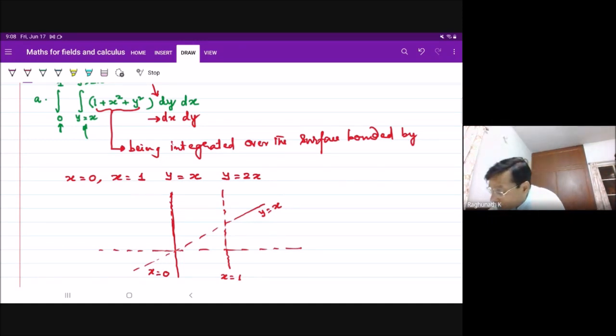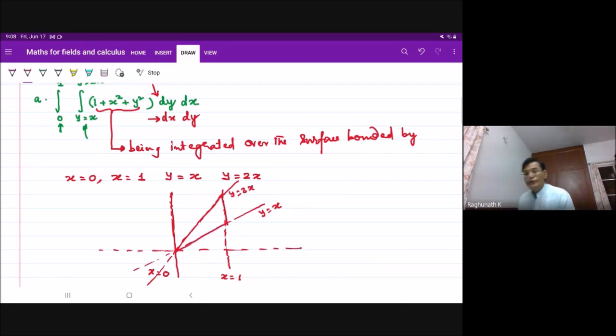This is y is equal to 2x. Correct? This is the region of integration. In this region, the function is getting integrated.